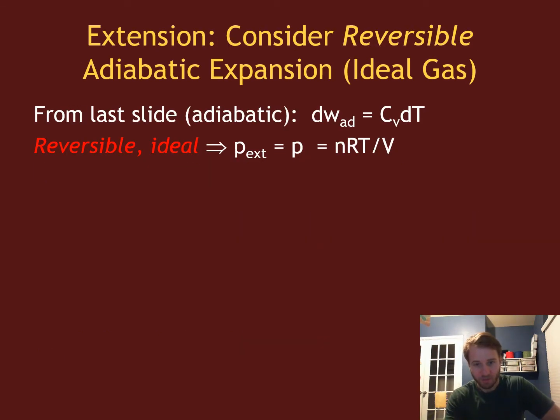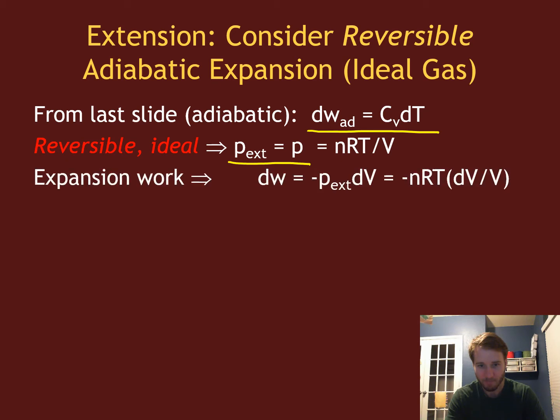All right, so now let's talk about how we calculate that temperature. Let's consider a reversible adiabatic expansion of my gas. For a reversible adiabatic expansion, my external pressure and my internal pressure are equal, and for an ideal gas, that just equals nRT divided by V. Recall that the adiabatic work is equal to CV dT.